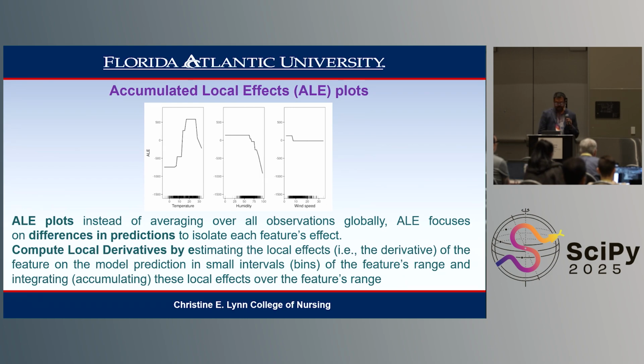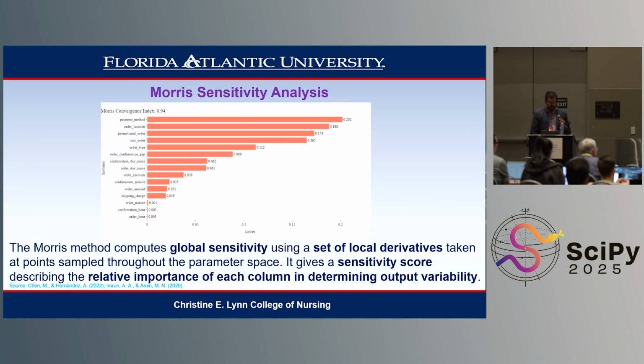And then there is ALE. PDP also suffers from correlation, but ALE removes that by binning the features into smaller intervals and looking into those intervals, which eliminates the correlation problem. This one is similar to permutation importance.